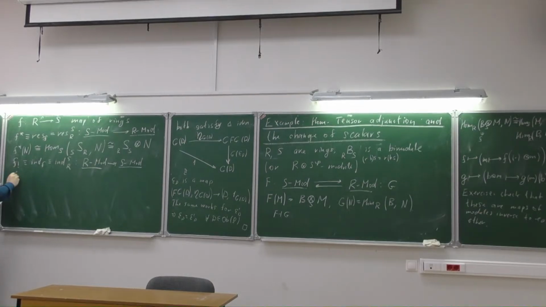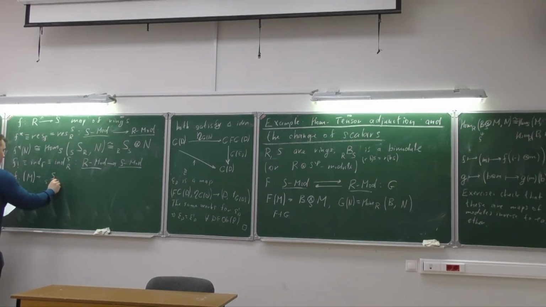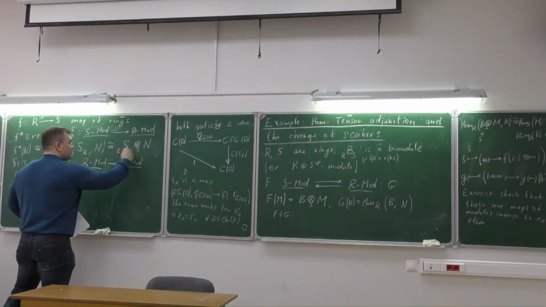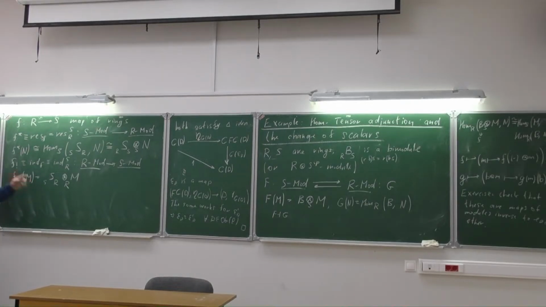And by definition, F lower shriek of the module M is a tensor product with S, which I interpret as a bimodule, so a tensor product over R. Now, maybe it's also important to notice that I consider S as a bimodule and use the right R module structure to compute this tensor product.